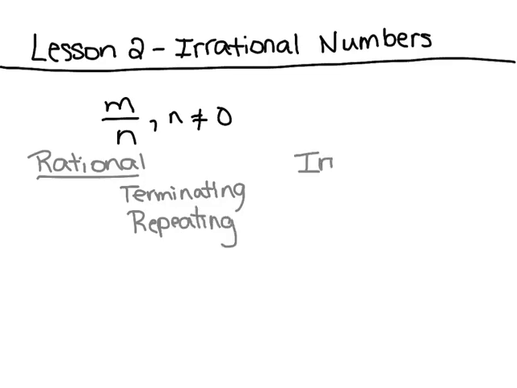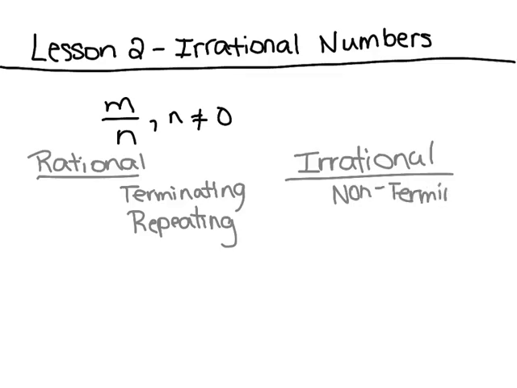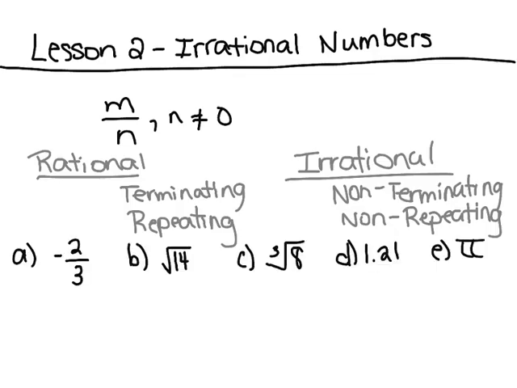And an irrational number is non-terminating and non-repeating. So you have that in your chart. So now we're going to classify numbers either as rational or irrational.